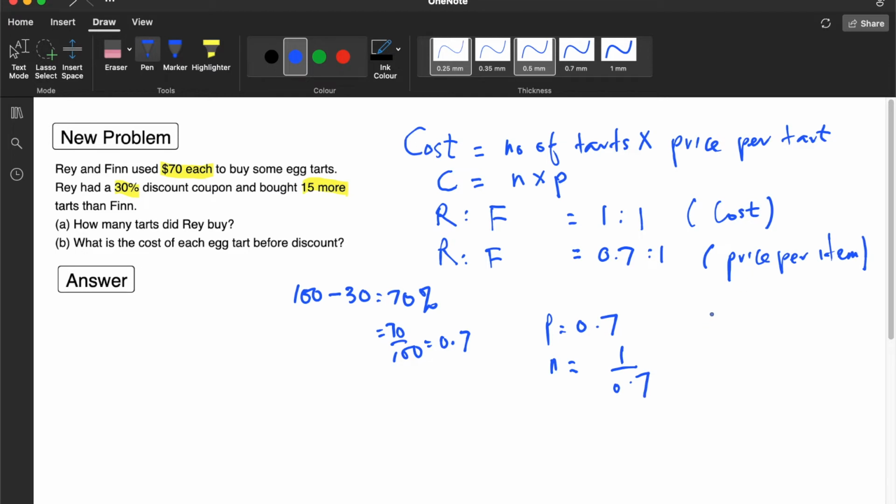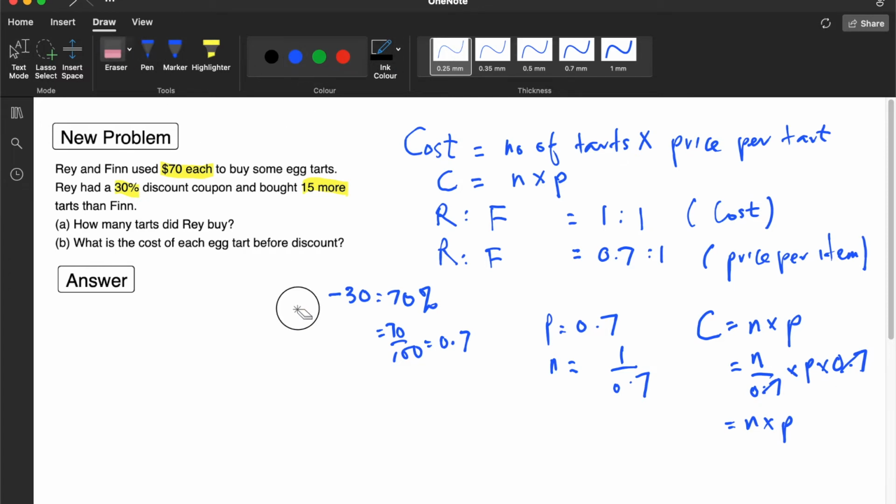Then and only then will you get the same C back, because C is actually N times P. So the N must be divided by 0.7 so that when you multiply that to the reduced P, you will get the same number as before. So this 0.7 below and 1 on top can actually cancel each other and give the same NP.